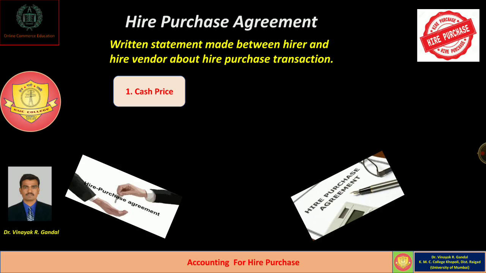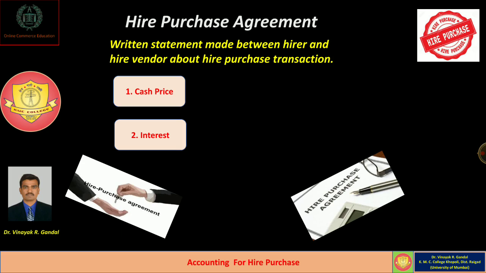So whatever price of goods the hirer agreed to pay to the hire vendor on the purchase of goods on hire purchase system is called cash price.